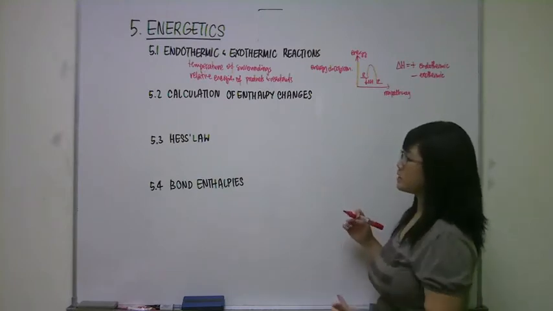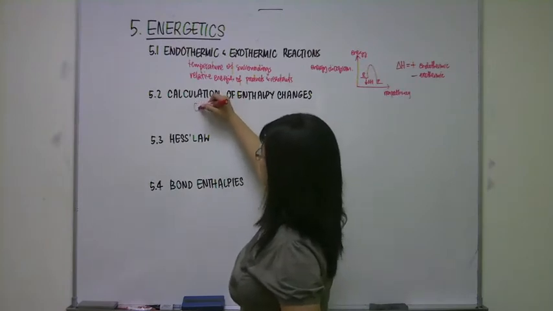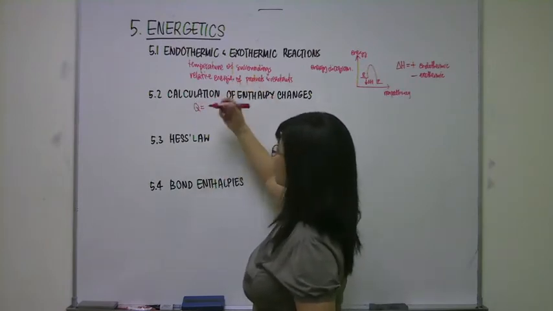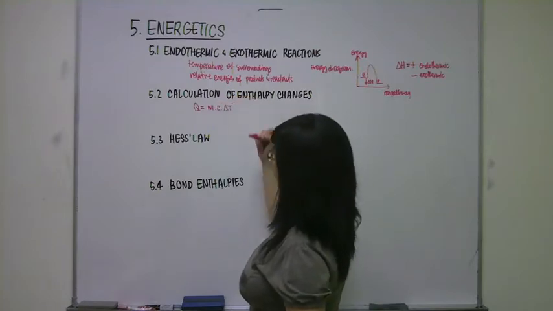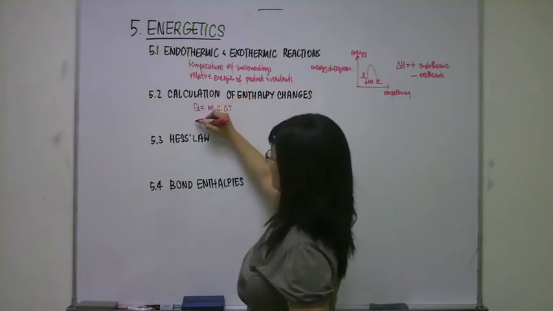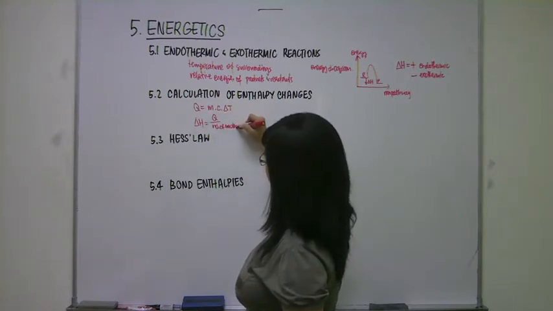In the second part, calculation of enthalpy changes, it mainly involves these two equations. One will be Q is equal to mc delta T, and delta H will be equal to Q over number of moles.